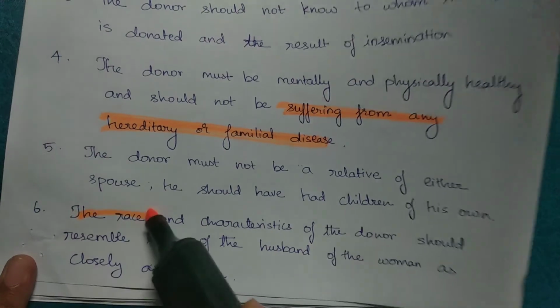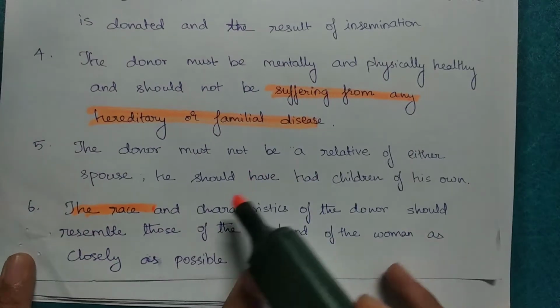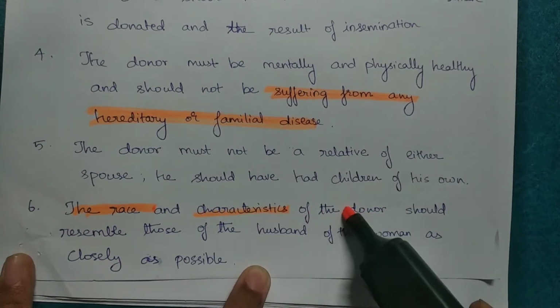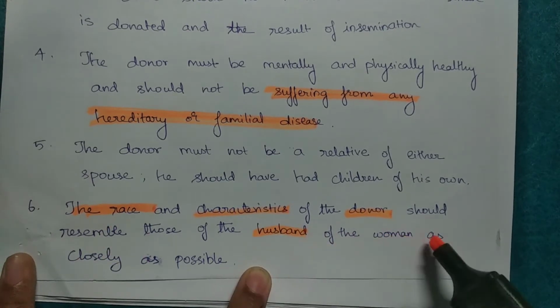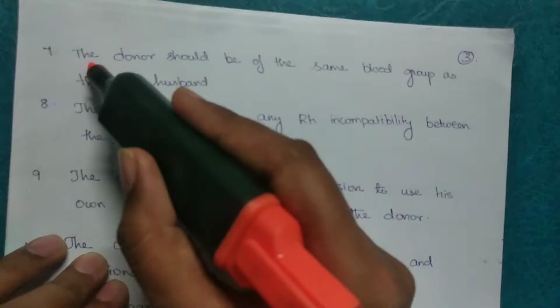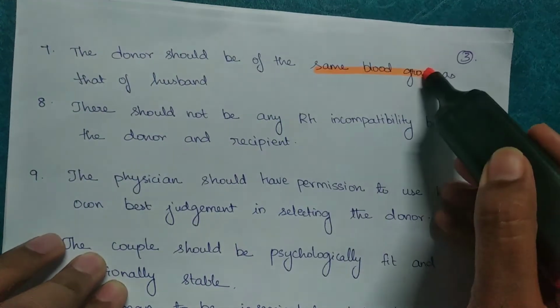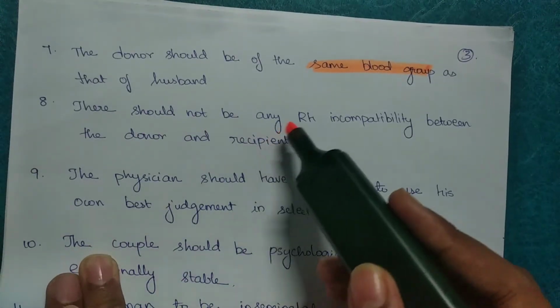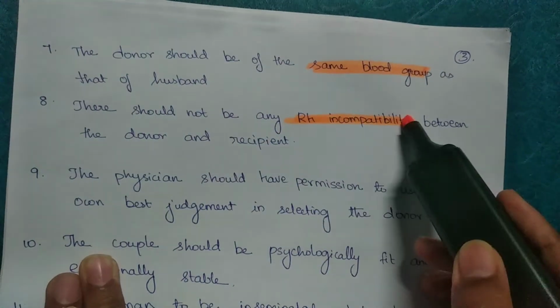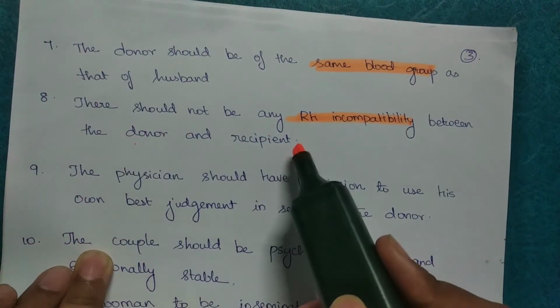The race and characteristics of the donor should resemble that of the husband of the woman as closely as possible. The donor should be the same blood group as that of the husband. There should not be any RH incompatibility between the donor and the recipient.